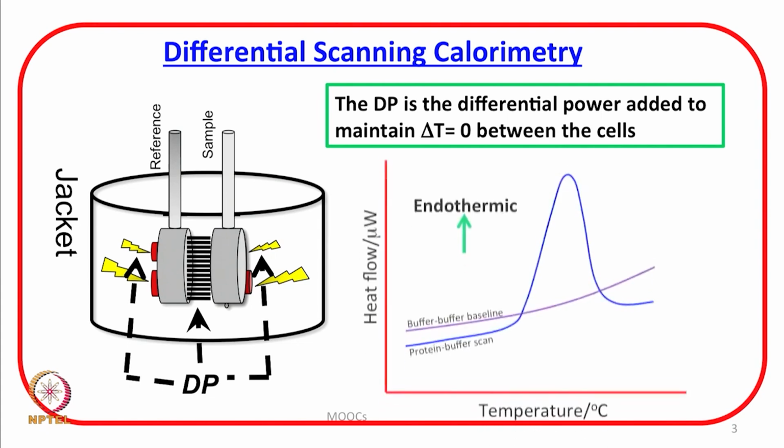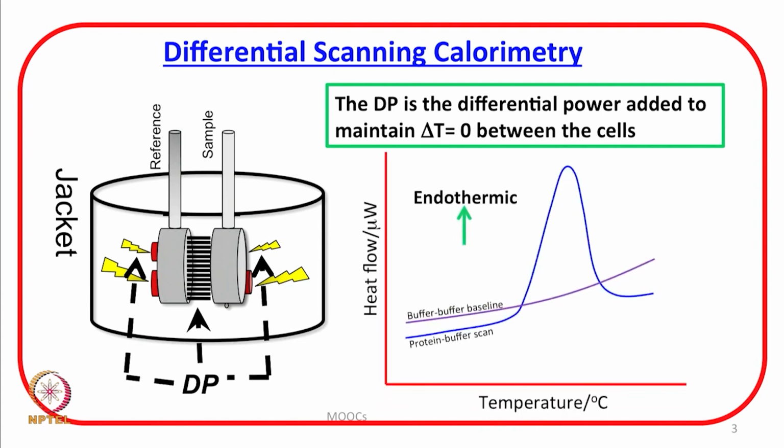And what we have as an output is heat flow microwatt, that is the differential power, as a function of temperature. And when it is proteins, a typical output will be as seen in the blue curve.